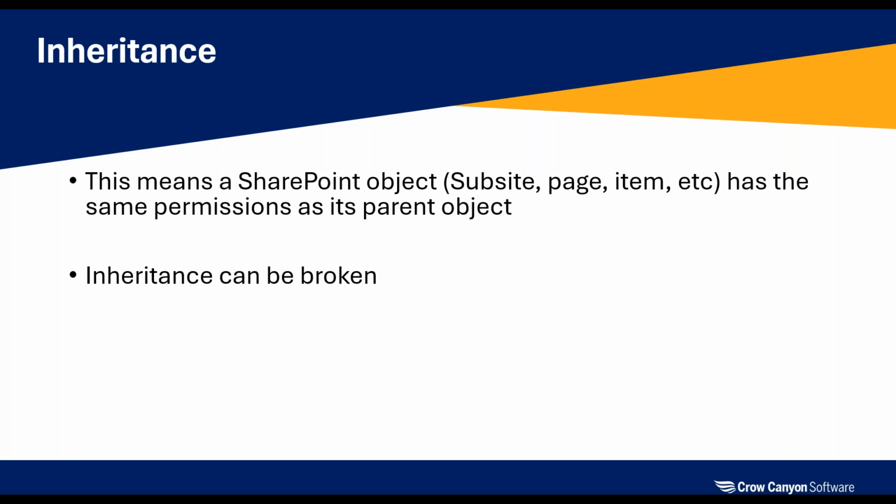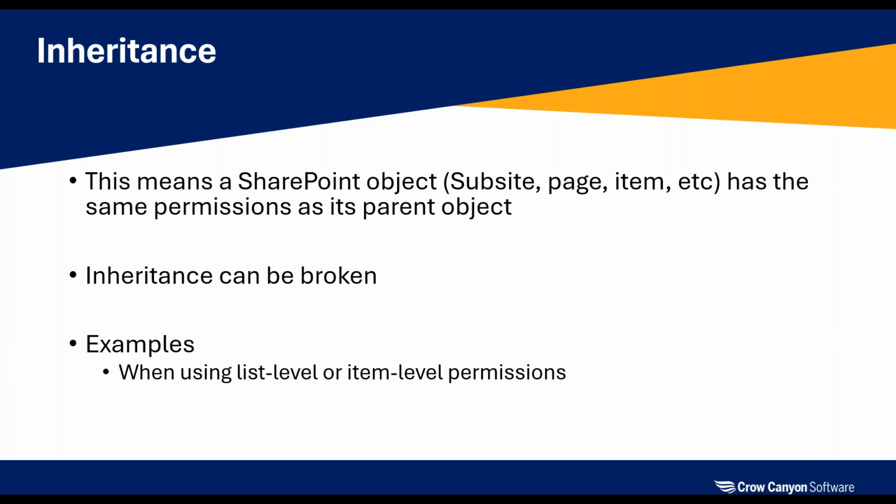You might want to break inheritance on those HR items and have only the HR staff and the person submitting that item have access to it, in which case you're going to want to create a workflow to break that inheritance and control who can see that item that's submitted. Some examples, again, are item level permissions, or could also apply to list level permissions for the breaking of inheritance. And we can use this when applying permissions to the portal site that's related to our NITRO applications.